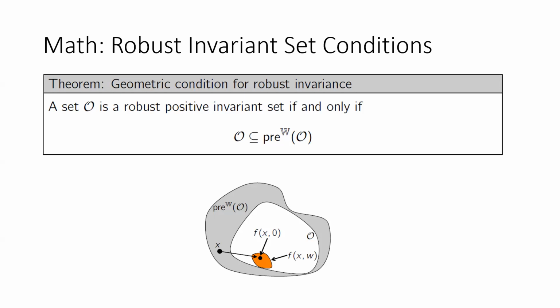So if your current set is in the robust invariant set and your preset is also in the robust invariant set, then if you take the intersection of the two, you can make sure that part is definitely a part of the robust invariant set, and that's how it is computed.